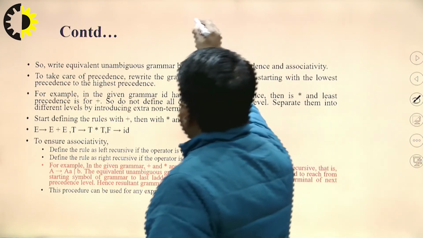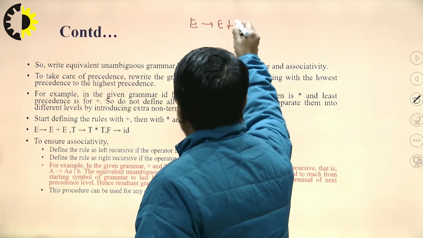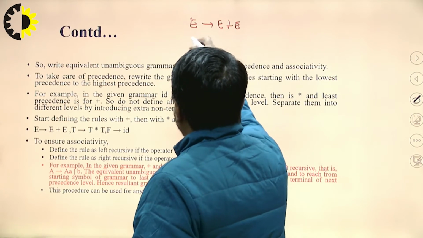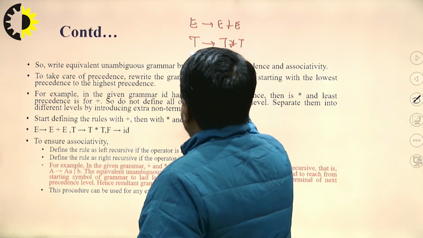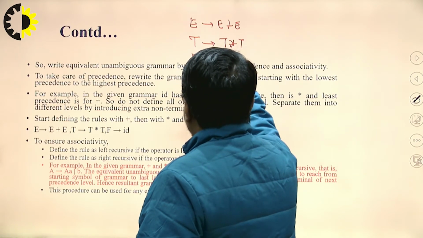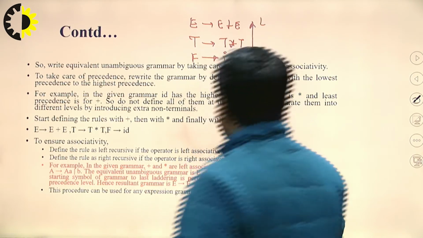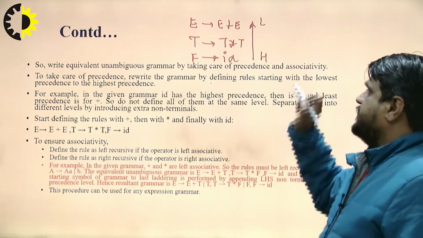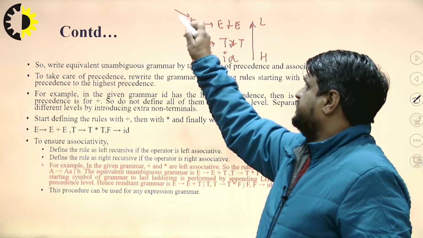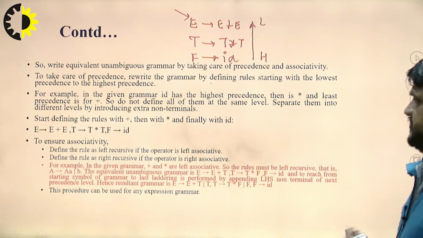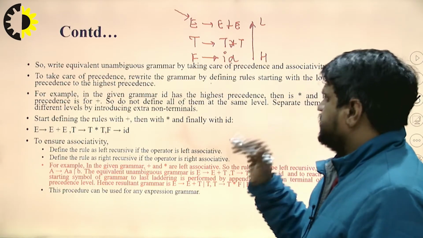So you will write E tends to E plus E. After that, redefine: according to this, this is a lower precedence, this is a higher precedence. Redefine the rules from the lower precedence to the higher precedence. The lowest precedence will always be the starting symbol. You have to memorize this. After that, you will think about the associativity.